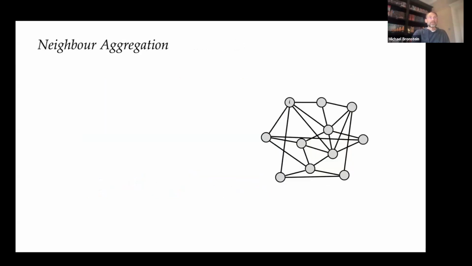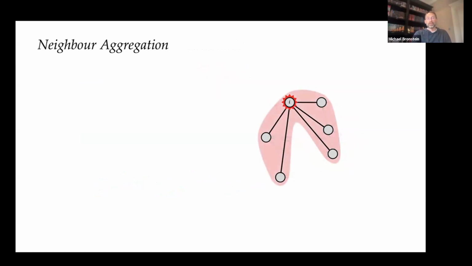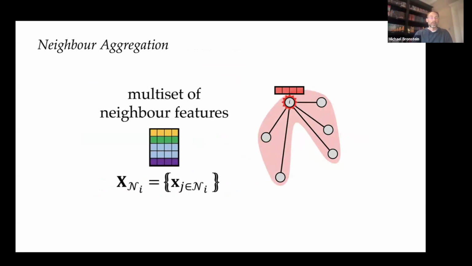Now, these functions can be computed in many different ways. 99% of graph neural networks operate by what is called message passing. So every node considers only its neighbors, right? And the corresponding features that are associated with these neighbors, that together form what is called the multiset, right? So it's a set where the same element can appear more than once.